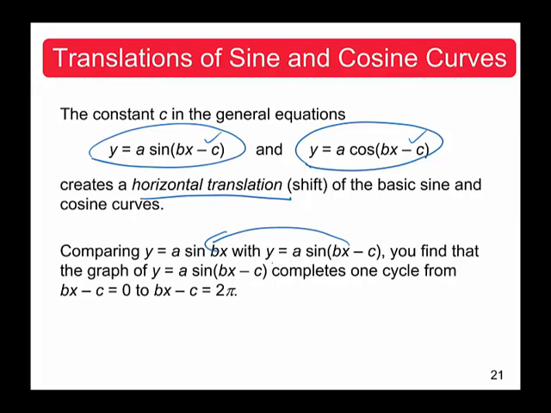It's transformed according to y equal to a times sine bx, and completes one cycle from bx minus c equals 0 to bx minus c equal to 2 pi. So still we're setting whatever is inside the parentheses to one typical period or one cycle.